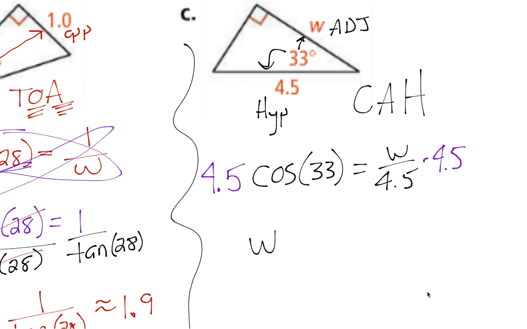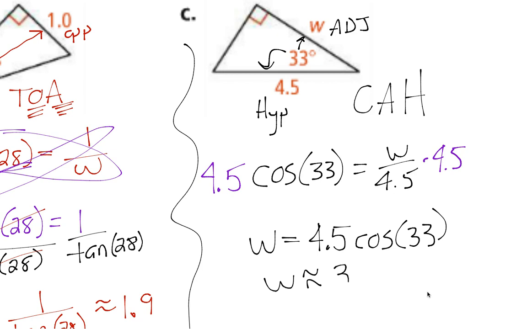So W equals 4.5 times cosine of 33. So W is about 3.8.